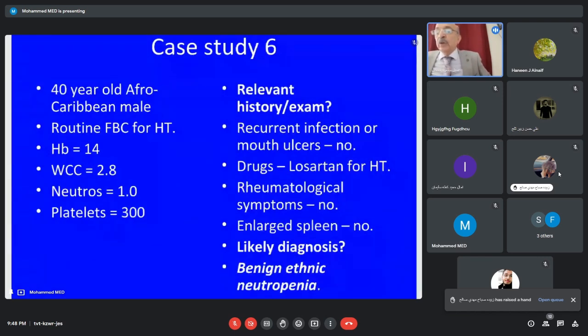This is called, as you see at the bottom of the slide, benign ethnic neutropenia. Ethnic means related to race, as we said early, and as it's written in this slide, it's Afro-Caribbean, but I'll say it again: I have seen it in Iraq and I have seen it in Jordan.